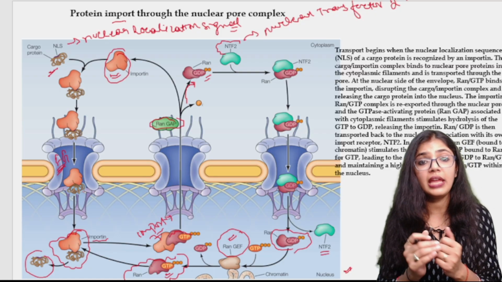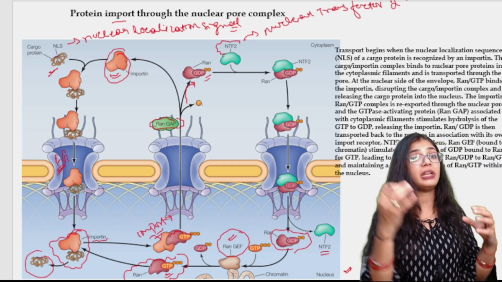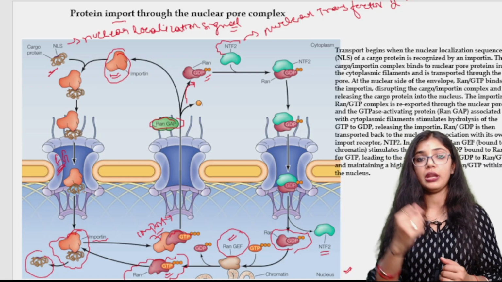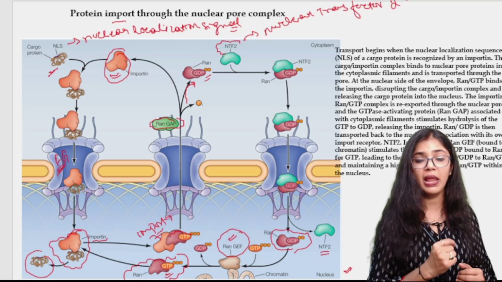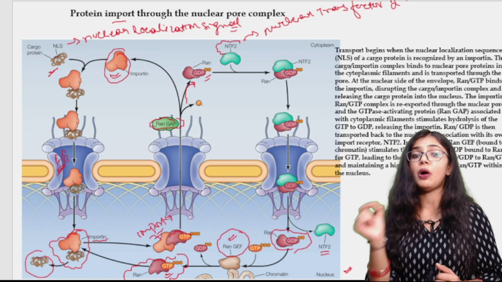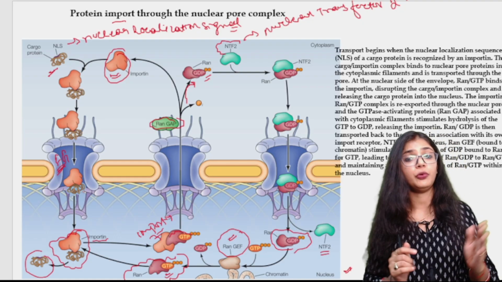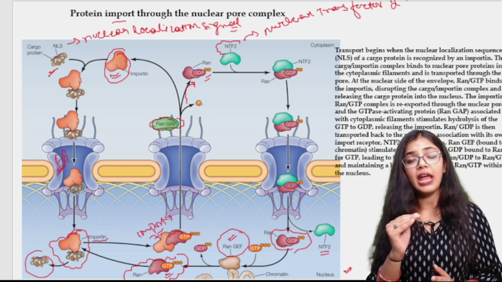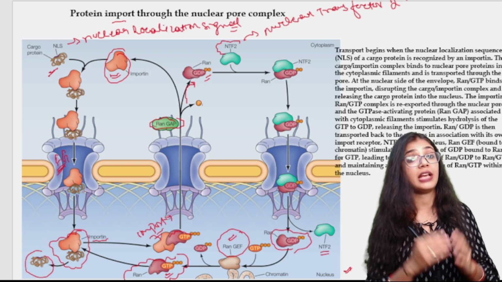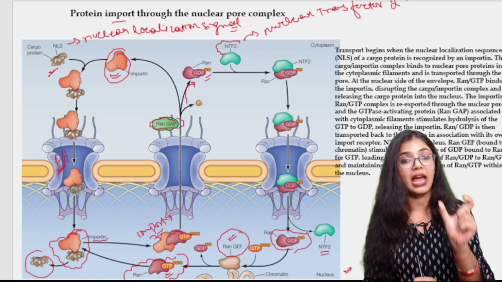Let us now recall again. Inside the cytoplasm, there is one cargo protein, and for bringing this cargo protein inside the nucleus, there is a requirement of a protein known as importin. It is transferred through the nuclear pore complex, and inside the nucleus there is RAN GTP, which binds with the importin protein, due to which there is dissociation of the cargo protein and the importin protein. Now the RAN GTP which is present will be exported from the nucleus, and inside the cytosol there is one factor known as RAN GAP.